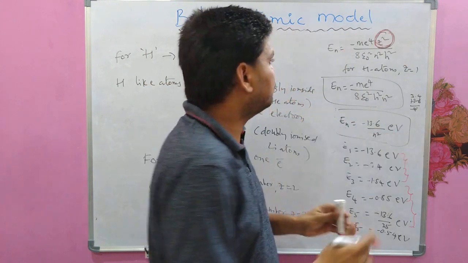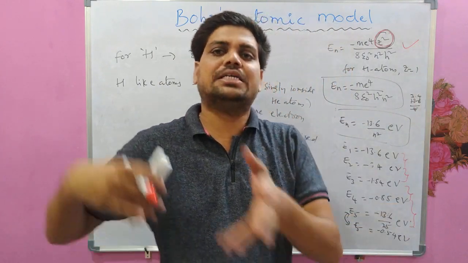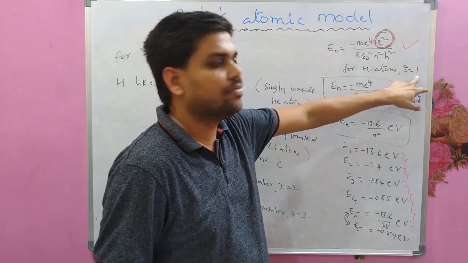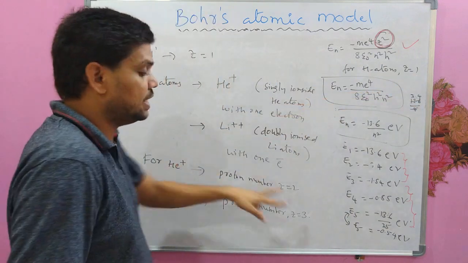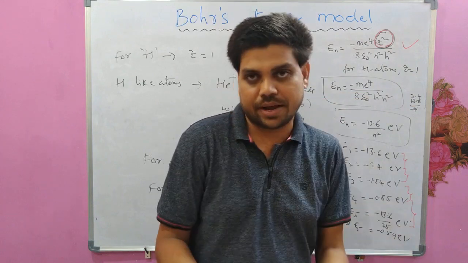So that is why you have to remember the general formula, so that if it is for hydrogen, Z will be 1. If it is for helium plus, Z equal to 2. If it is lithium plus plus, Z equal to 3, etc.